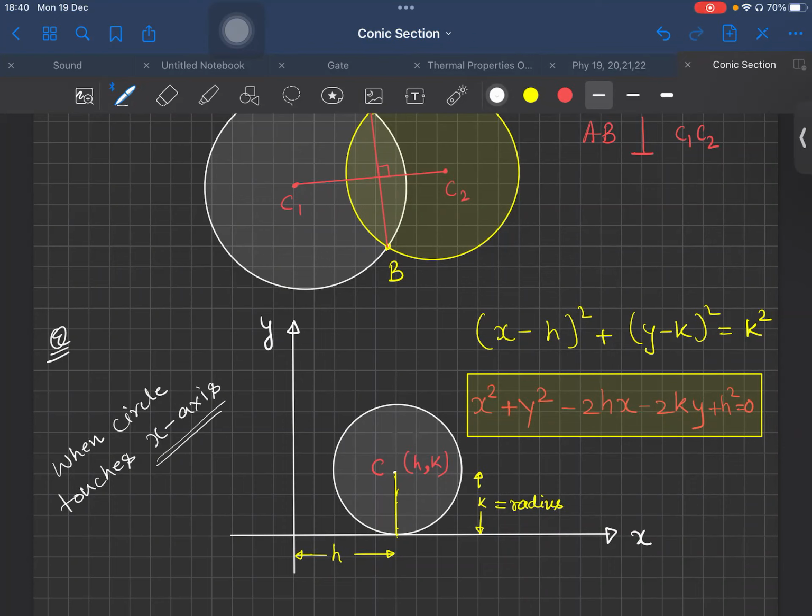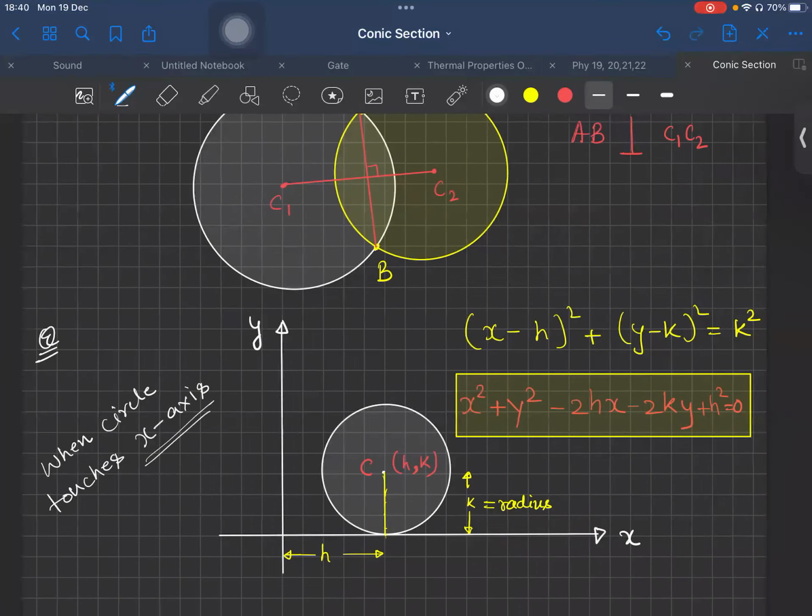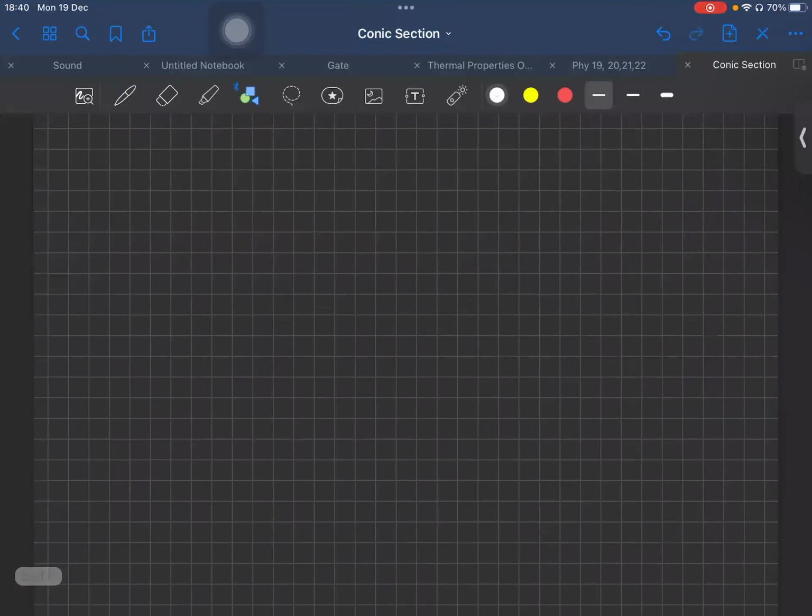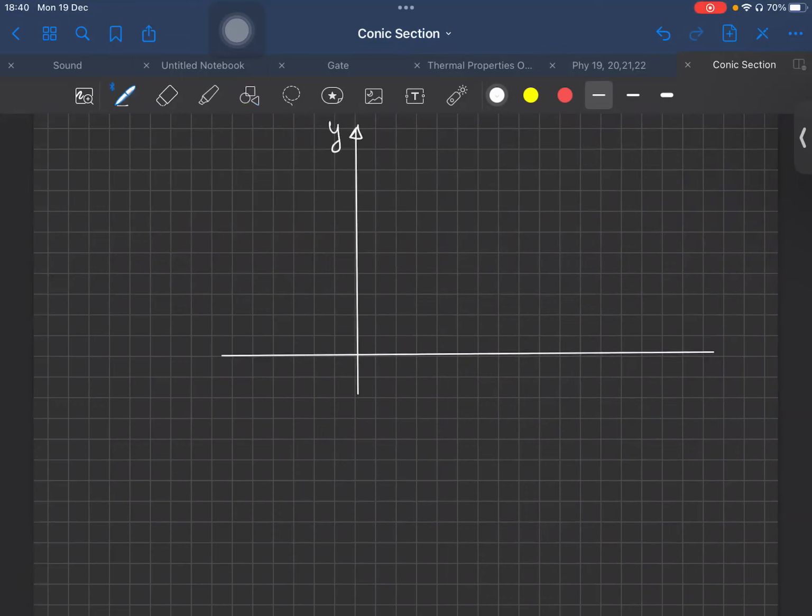Now suppose the circle is just touching the y-axis. Find out the equation. Find out yourself, I'll just draw it. Someone please tell me the answer. So this is your circle. We already know the center we are defining as h comma k, right?